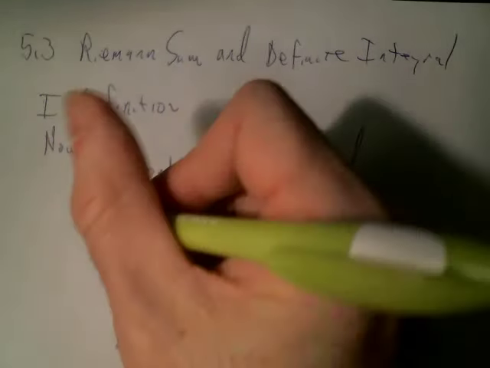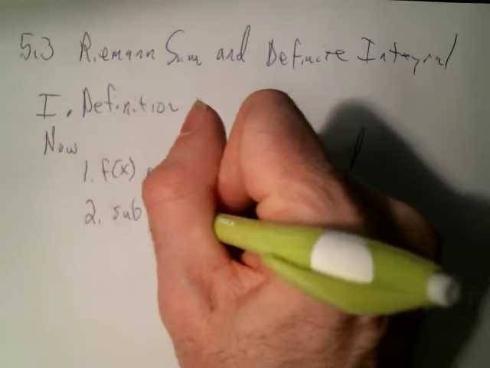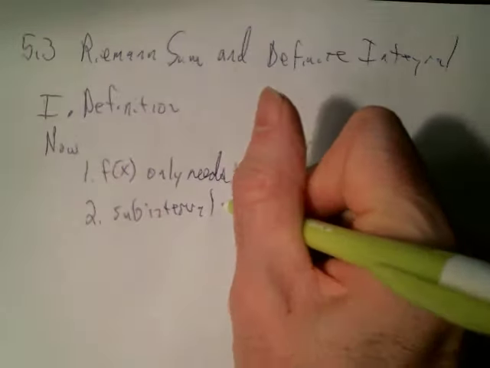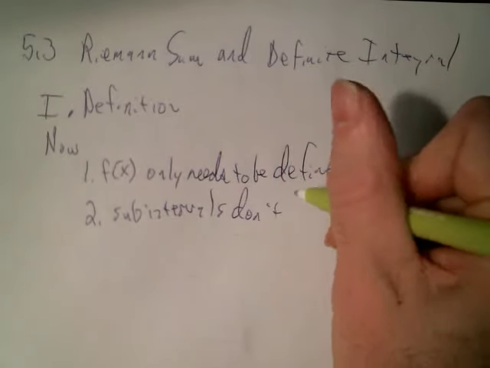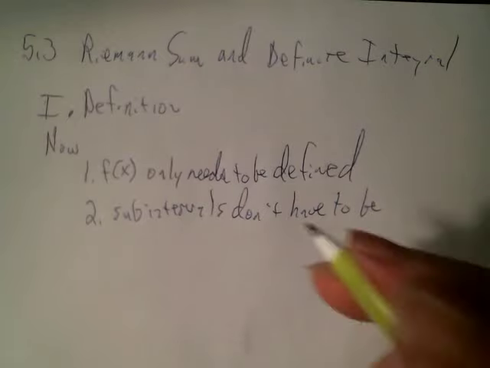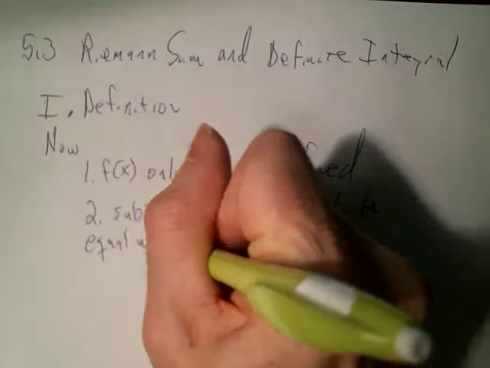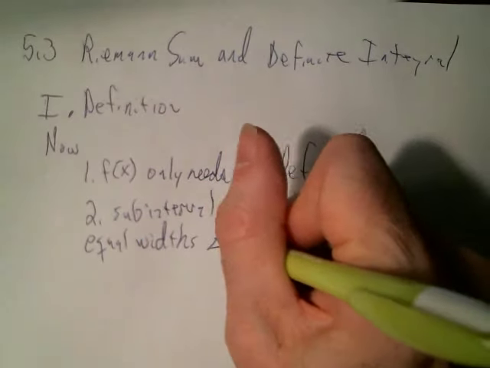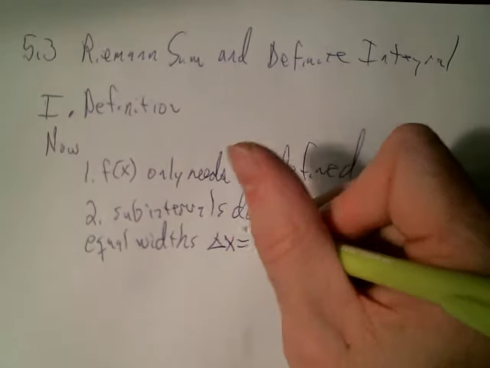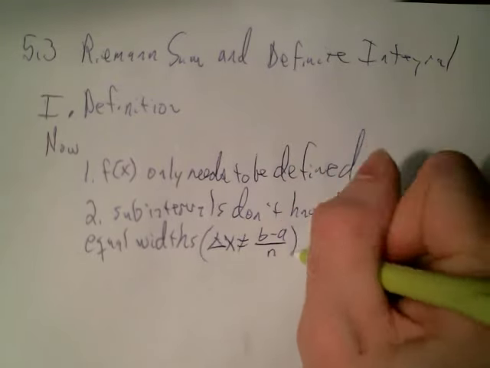And secondly, the subintervals don't have to be of equal widths. Change in x does not have to equal b minus a over n. Right?